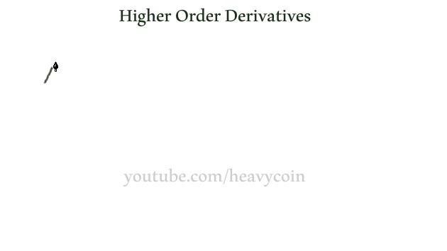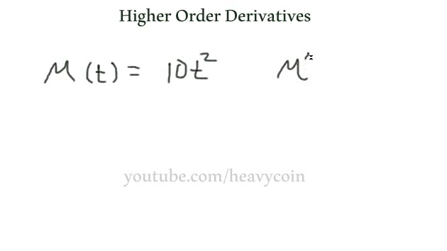Let's say that we're given m. I'll use some different stuff here. Call our function m. We have m of t is equal to 10t squared, and we want to find the second derivative of m.